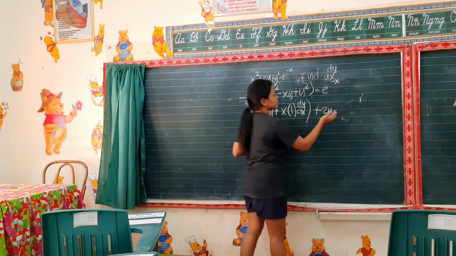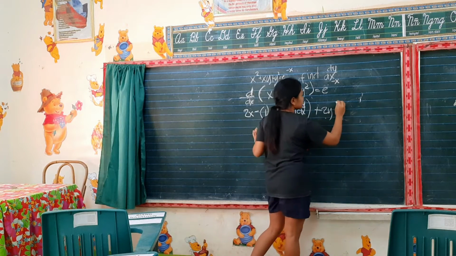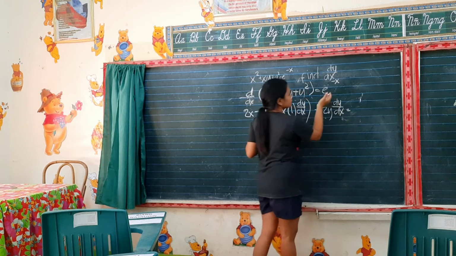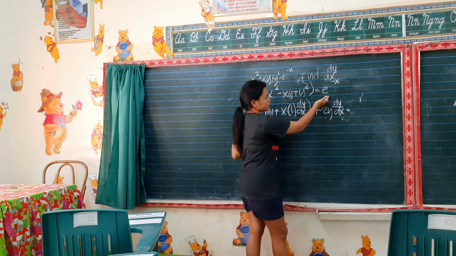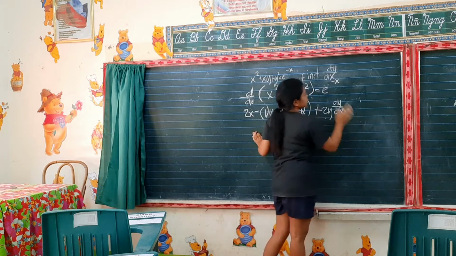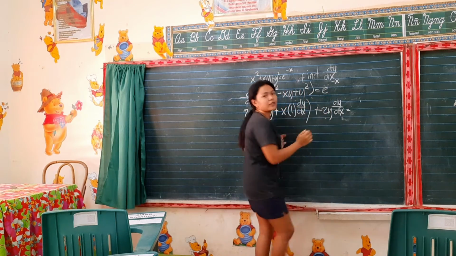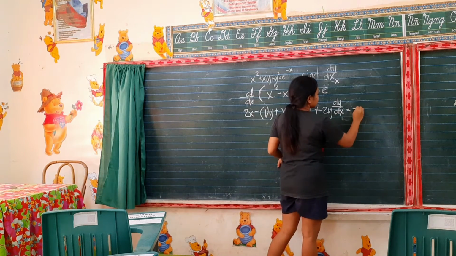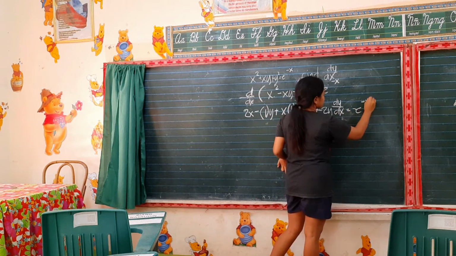Because we have a y variable, we need to write dy over dx. So in this term, we use the chain rule, and the derivative of e raised to negative x is equal to negative e raised to negative x.